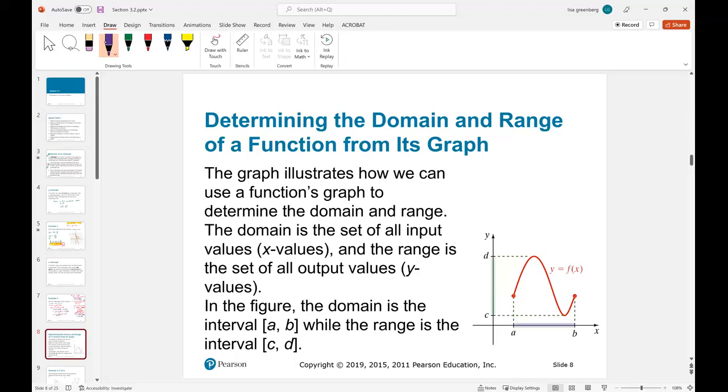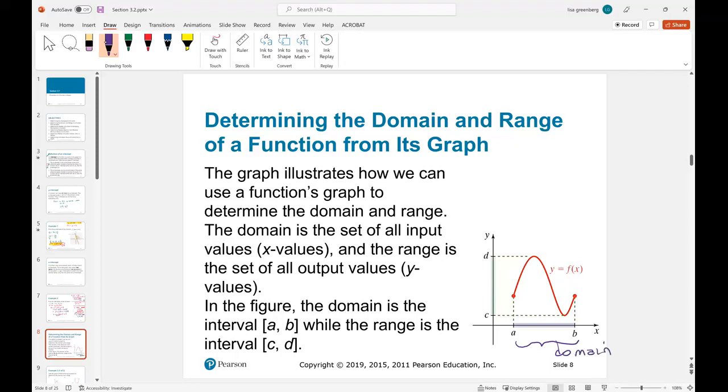So basically here, if I want to find my domain, I look at the area between here and here, because remember, it's the x values. So here, the interval would be a, b, including a and including b, because you can see those closed circles. Okay, the range, so this is the domain here.